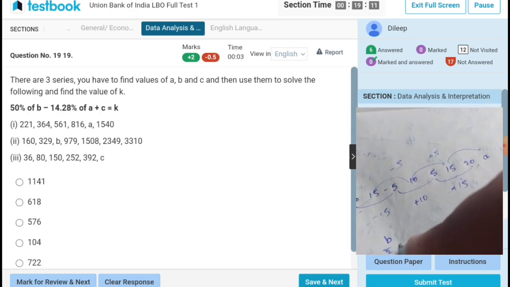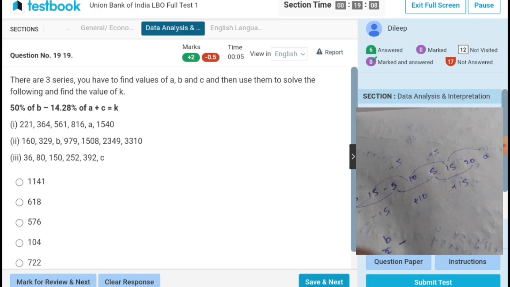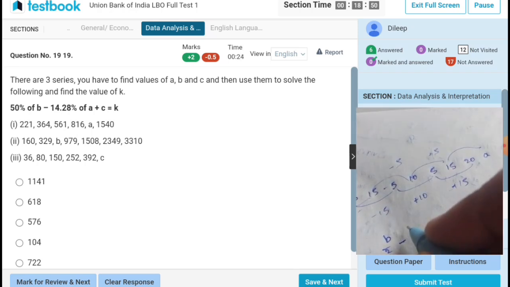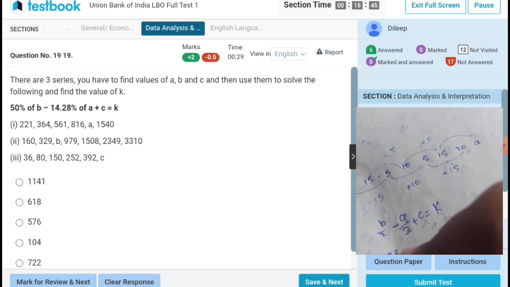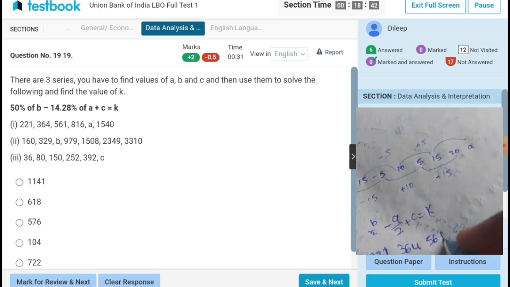p by 2 minus 2 by 7, 1 by 7, a by 7 plus c equal to k. 221, 364, 561, 1540.